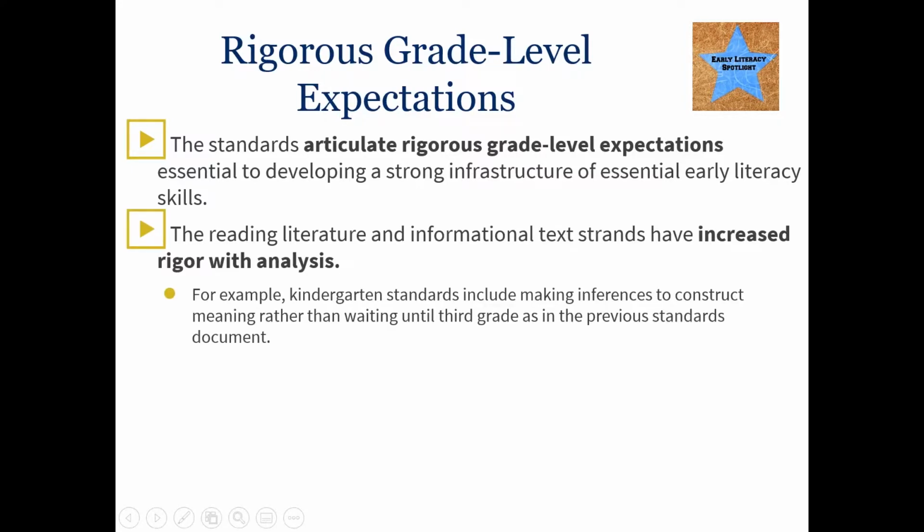And the reading, literature, and informational text strands have certainly increased their rigor, which includes analysis. And here is a great example for you. Kindergarten standards now include making inferences to construct meaning rather than waiting to see that happen at grade 3, as our previous standards did.